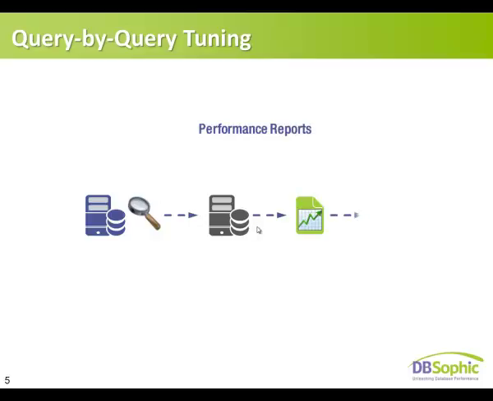Next, you would pick the top CPU hog and take it offline to try and optimize it. You might try different techniques such as improving indexing, tweaking the syntax, rewriting the query, or even redesigning the whole thing from scratch. Once you're happy with the results, you take these changes and apply them back to production.